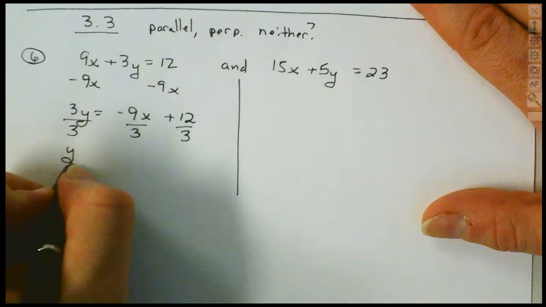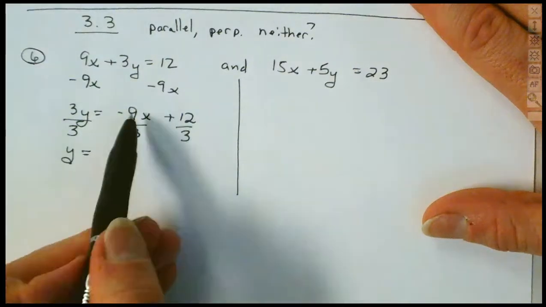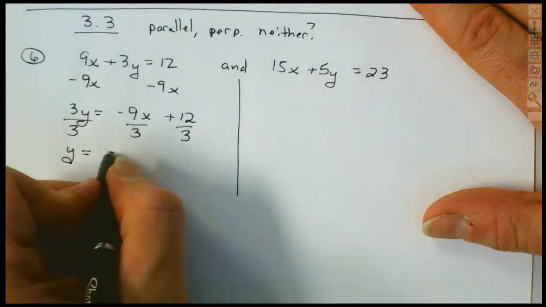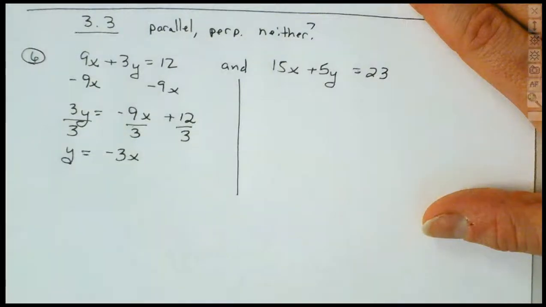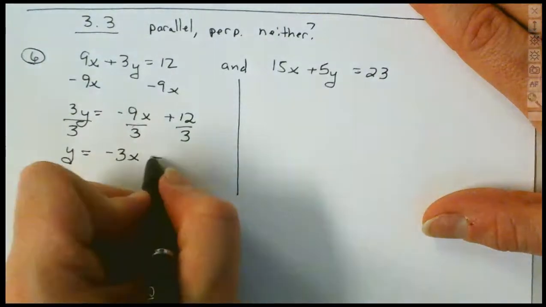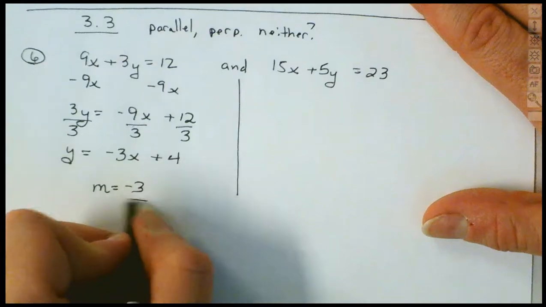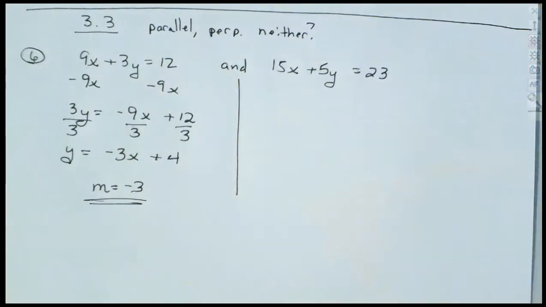That leaves me then with y equals now 9 over 3. Well, 9 over 3 makes it a negative 3x there. 12 divided by 3 is a 4. And what's my slope? The number in front of the x, which in this case is a negative 3.